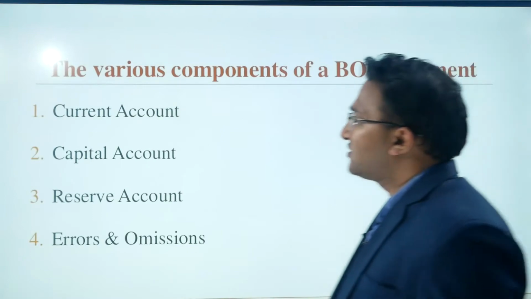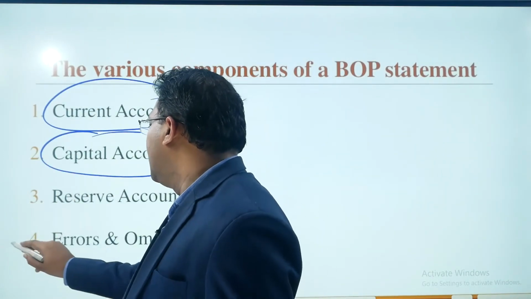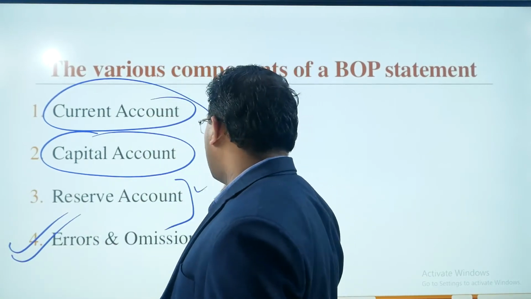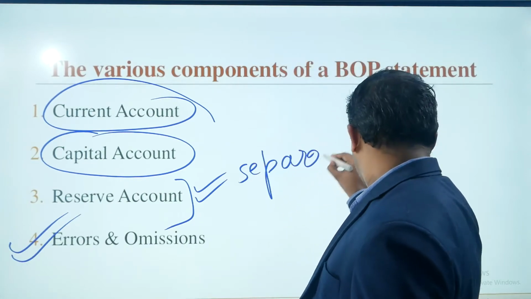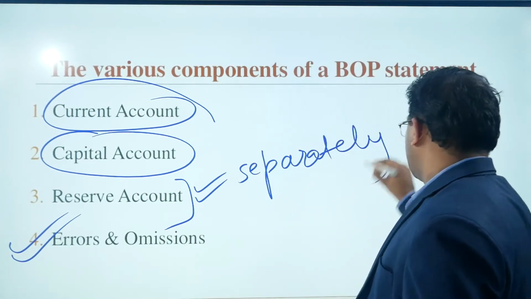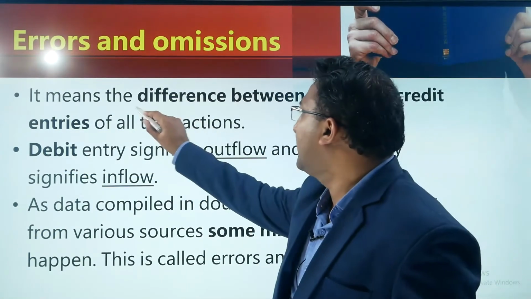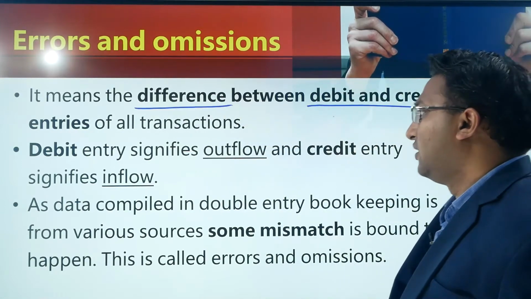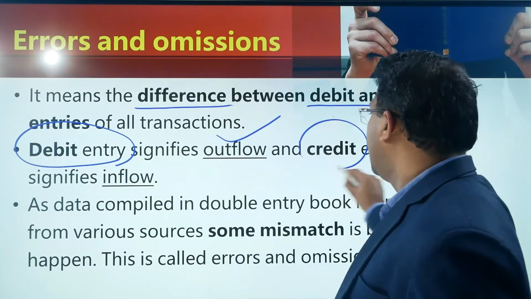Now we have discussed current account, we have discussed capital account. Now let us see the fourth portion, that is error and omission. This is reserve account, we will be discussing separately. So errors and omission means the difference between the debit and credit entries of all transactions. Debit basically signifies the outflow and credit signifies inflow.